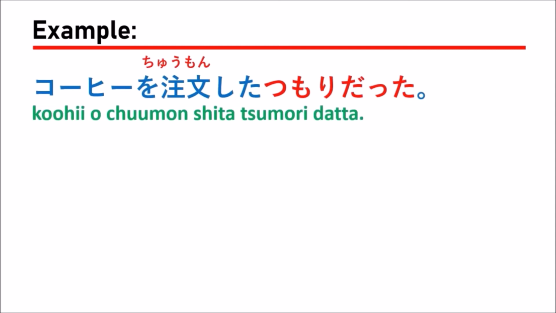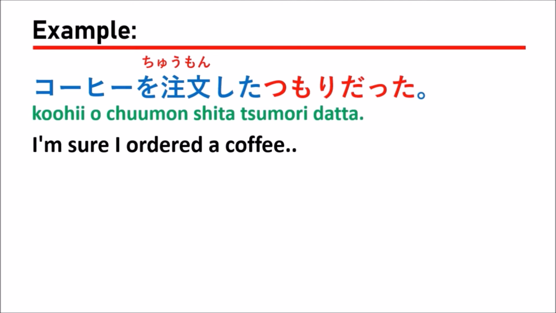Next we are going to see this sample. コーヒーを注文したつもりだった。Which means I'm sure I ordered a coffee. In here, our verb is 注文した. It's in the past tense form, and it's in the ta form.